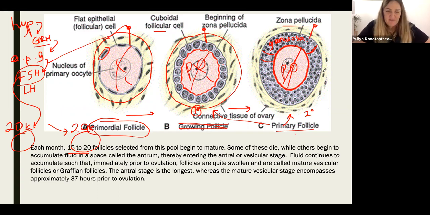But basically, the major difference between primary follicle and secondary follicle is a little tiny space, a little tiny cavity. If you see this cavity surrounded by granulosa cells, this is a secondary follicle. If you don't see this little cavity, this is a primary follicle.